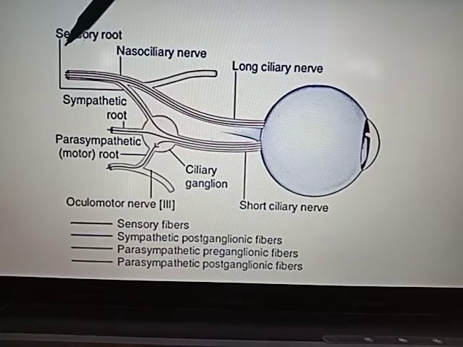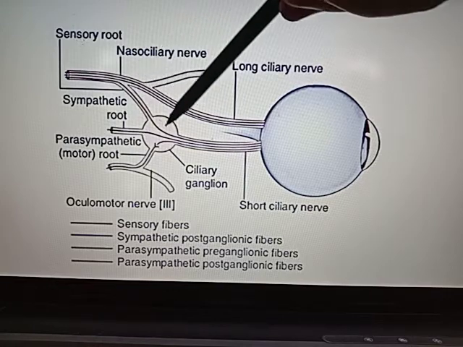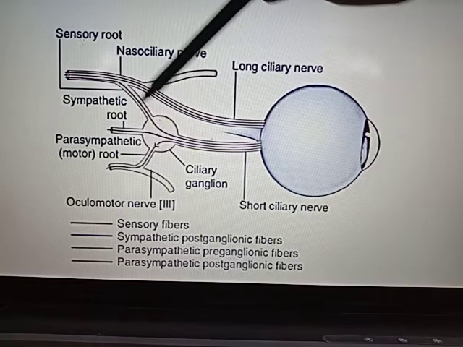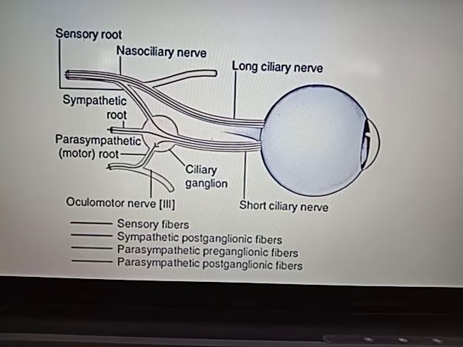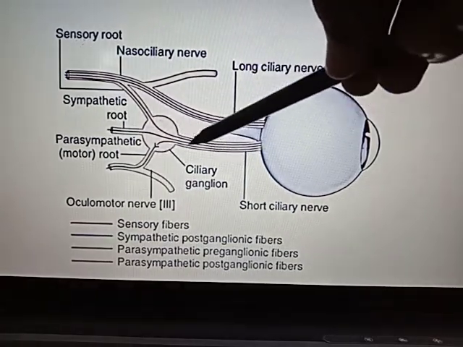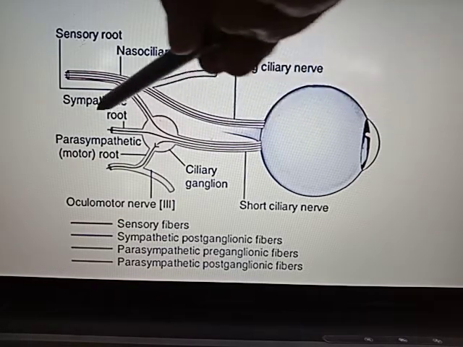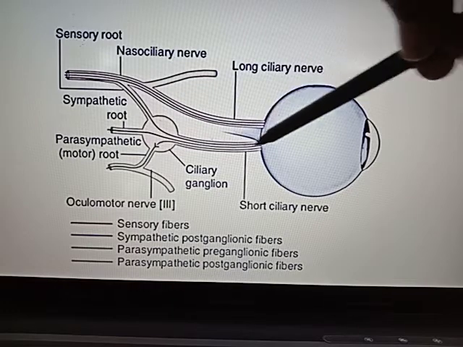This sensory root comes from the trigeminal nerve, this is the nasociliary nerve. From this region the sensory innervation goes to the ciliary ganglion, and then to the eyeball. The parasympathetic goes through the short ciliary nerve to the eyeball, and the sympathetic root also goes through the short ciliary nerve to the eyeball.